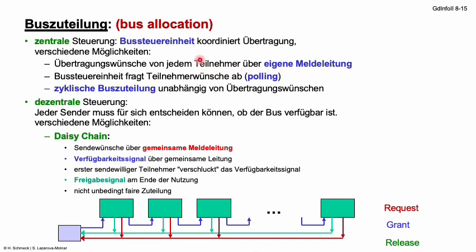Another is that the bus control unit asks for their requests by using polling, or it can be cyclical, so basically bus assignment independent of the transmission request.